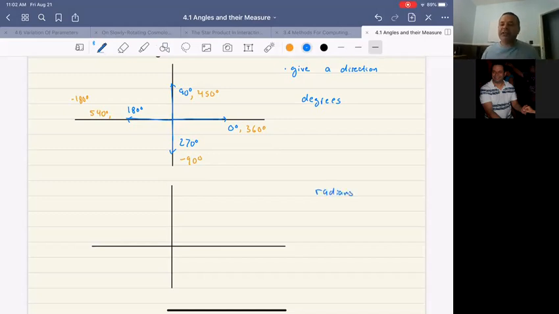And radians actually, even though you are more used to degrees when you come into this class, radians is actually a more natural measure.